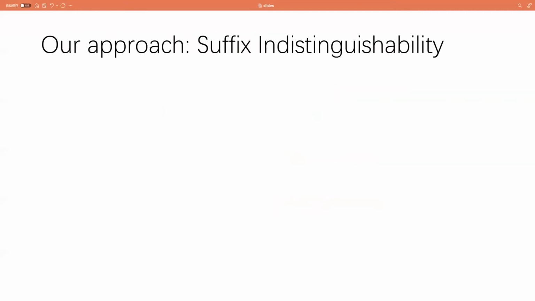So, in order to break the log n barrier, we will use a different construction to satisfy the third property. But before showing our construction, we will first introduce suffix indistinguishability, which is a property that will make sure the function satisfies the condition we want.